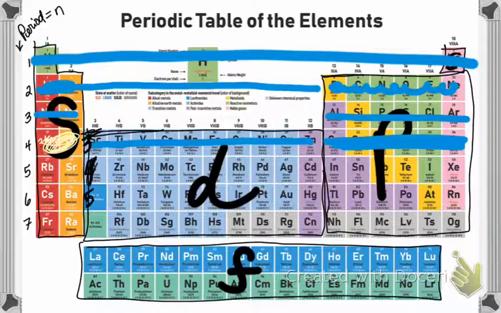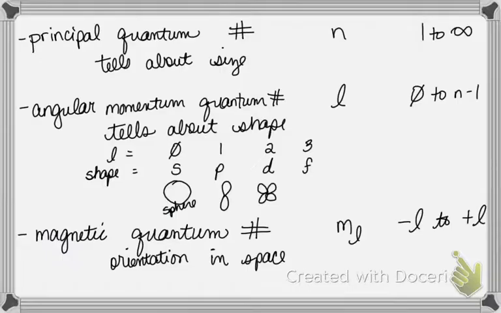So if you go back to those quantum numbers, there's a 4th quantum number that we haven't mentioned, and it's called the spin quantum number. The spin quantum number is ms, and it is either plus 1/2 or minus 1/2. That's your only choices.